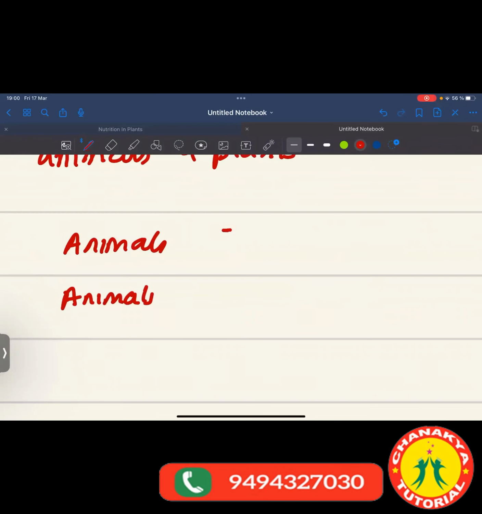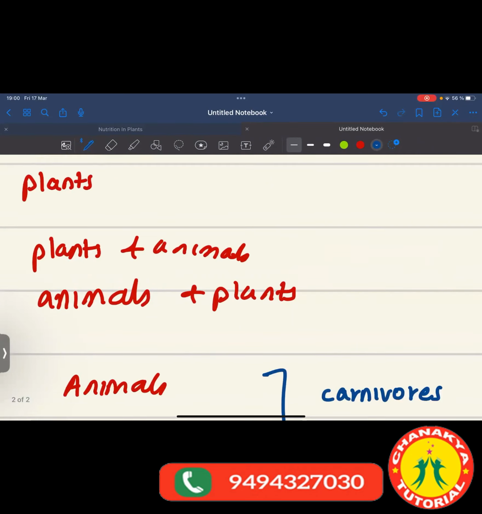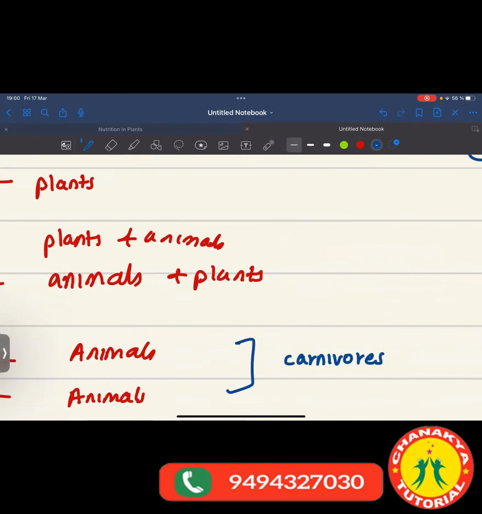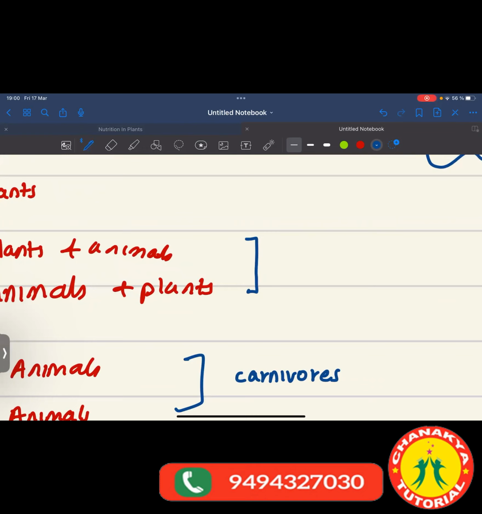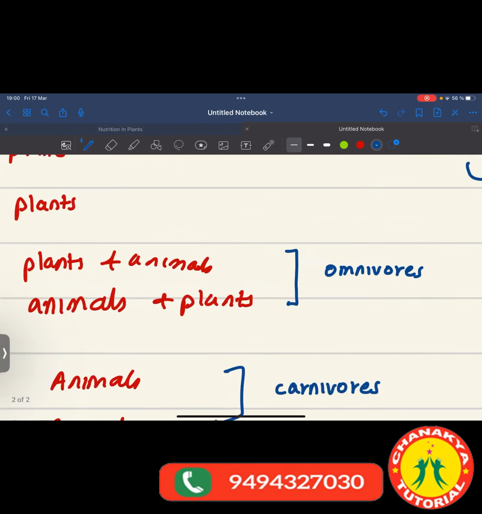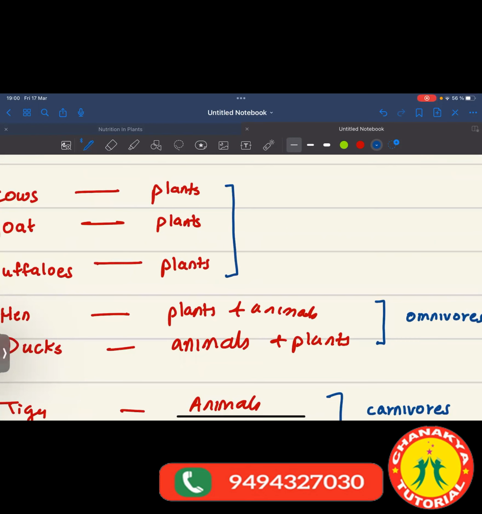So the ones that completely depend on animals are known as carnivores. And the ones that depend on both plants and animals are known as omnivores. And the ones that depend only on plants are known as herbivores.